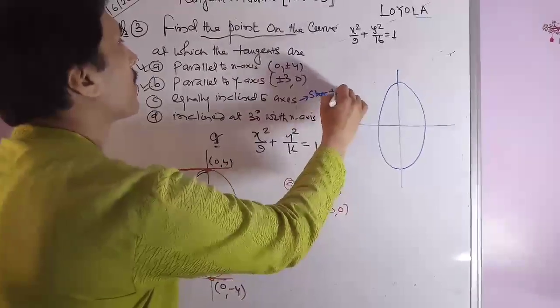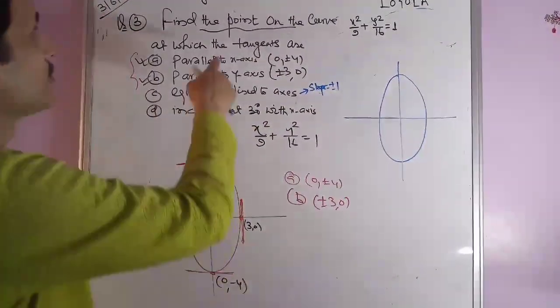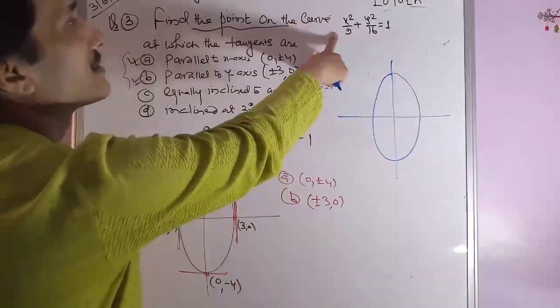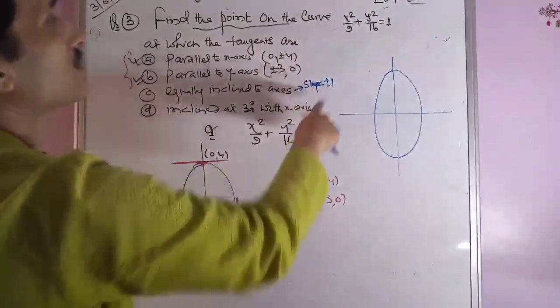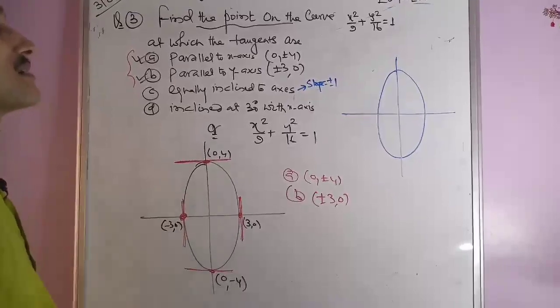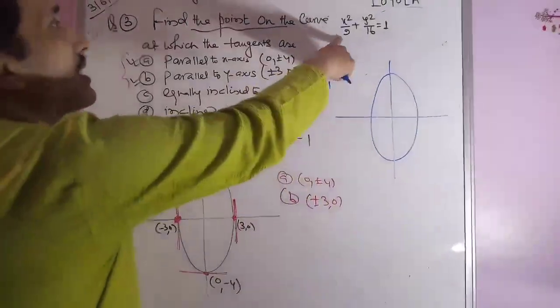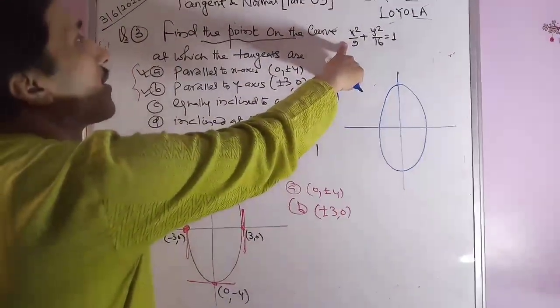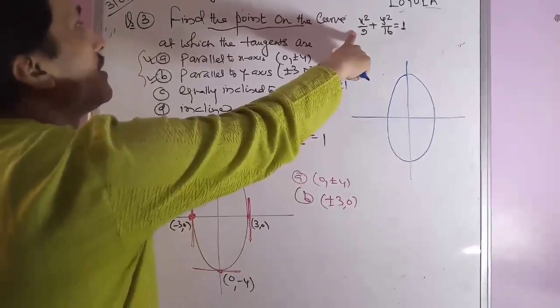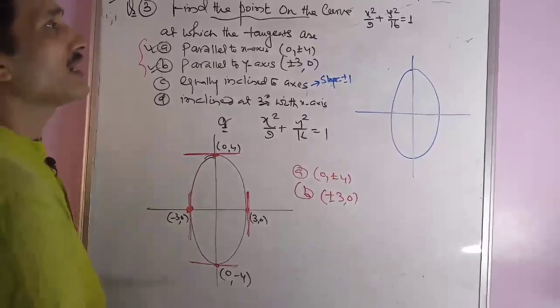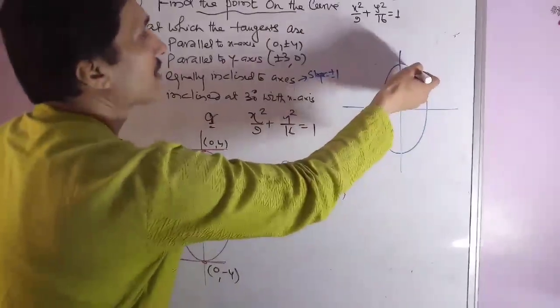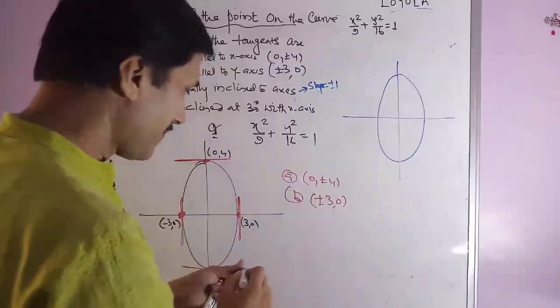Slope equal to plus minus 1. We differentiate and find dy by dx and equate to plus minus 1. Find the relation between h and k. (h, k) lies on this curve. From these two equations, we find point (h, k) here.